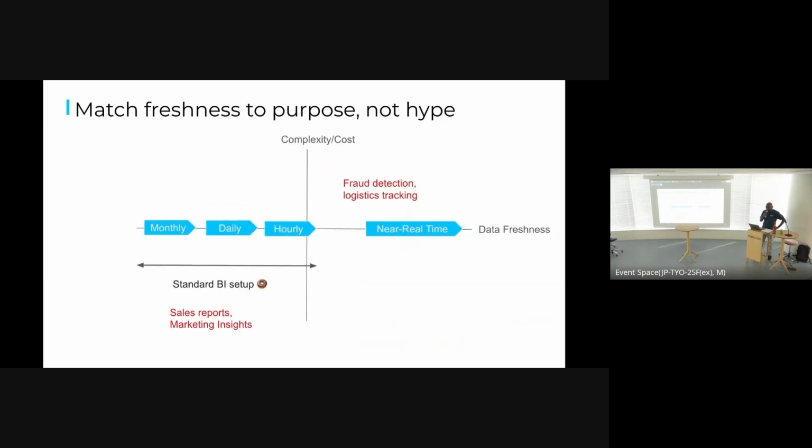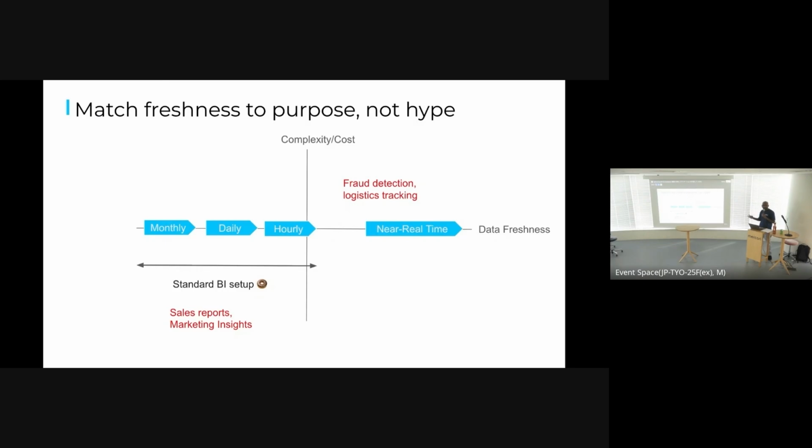If you take a look at it, some teams might require the data to be in near real time. Those include fraud detection and logistics tracking, for example money laundering cases or fraud detection cases. They need the data to be very fresh, right?